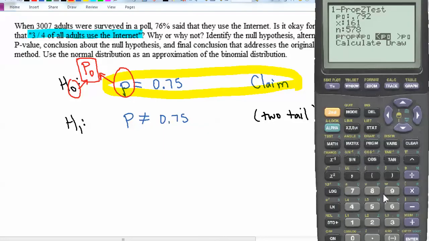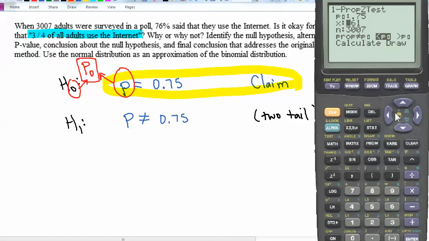So that would be for us. You can either put in 3/4 or you could have put in 0.75. If you put in 3/4, it knows that. Now, getting back to the x over n, we know n is 3007 because that was the number of adults surveyed.